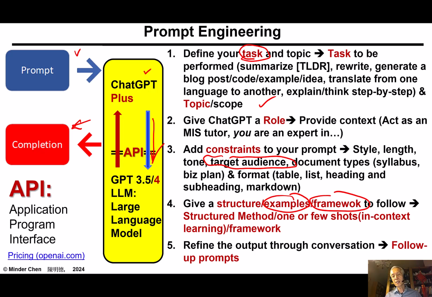Or just give another example. In entrepreneurship, we have something called the business model canvas, which has 9 components. You can prompt the system and say, I have this business idea. Please use the business model canvas to describe the 9 components in the business model canvas that I should consider.